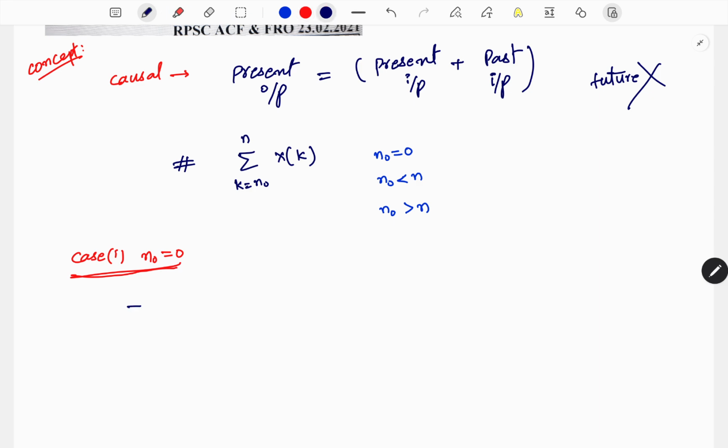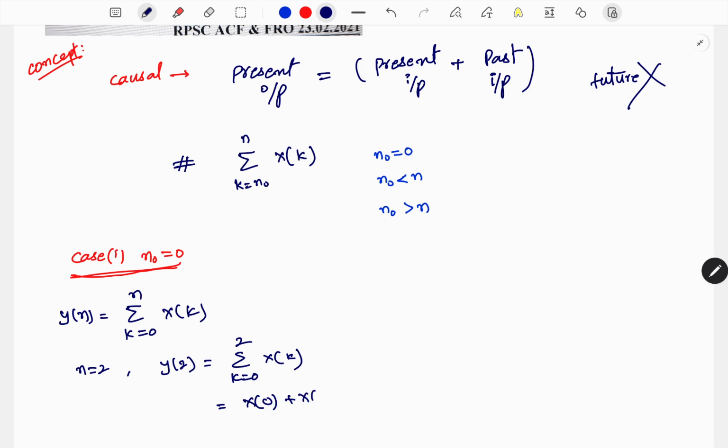For the n0 is equal to 0 condition, y of n is equal to summation k is equal to 0 to n of x of k. For example, take n is equal to 2. At n is equal to 2, y of 2 is equal to summation k is equal to 0 to 2 of x of k, which becomes x of 0 plus x of 1 plus x of 2.